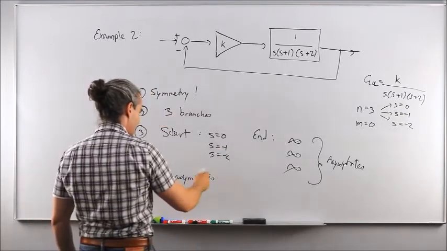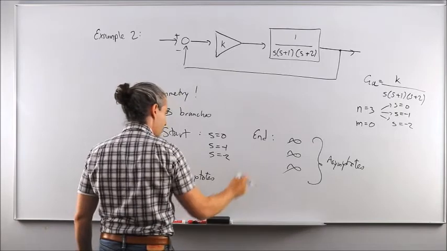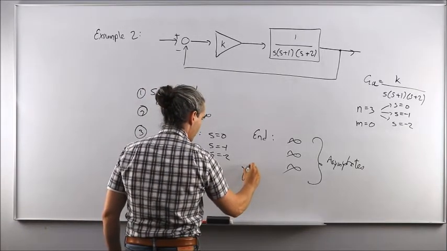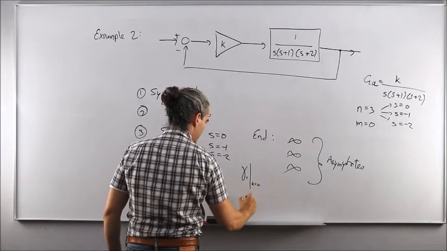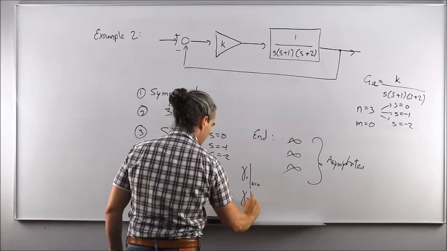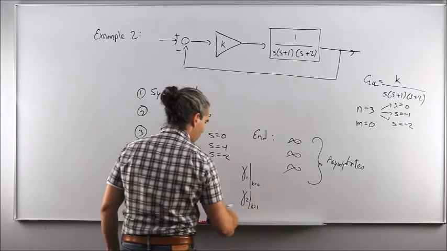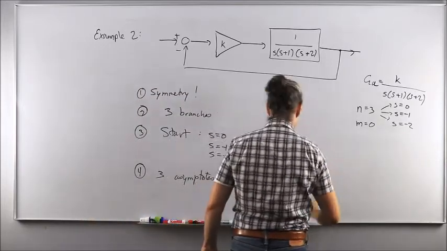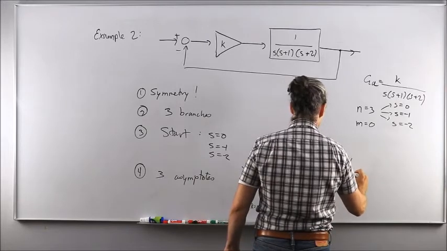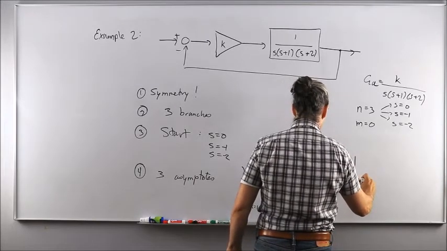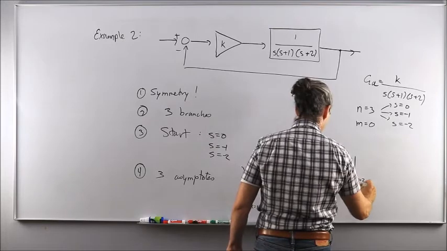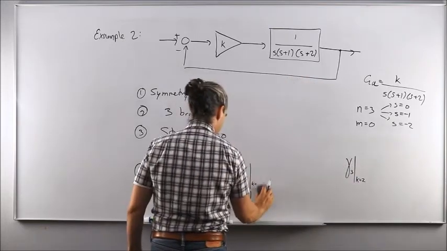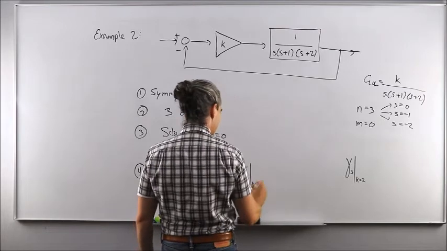Well, what about their respective directions measured counterclockwise from the real axis? I've got gamma 1 calculated with k equals 0, gamma 2 calculated with k equal 1, and gamma 3, the third one, calculated with k equal n minus m minus 1, that would be 2. And that's not a 6, but that is indeed a 2.